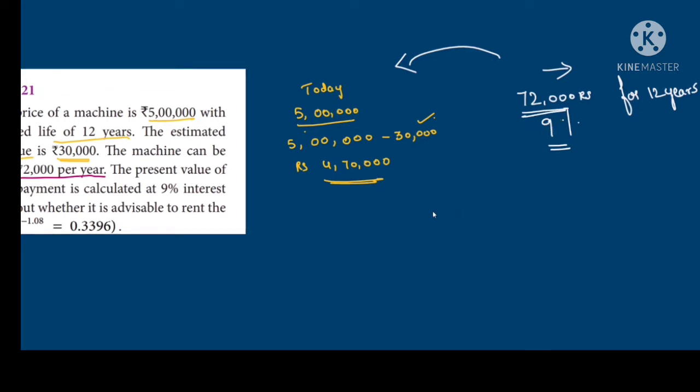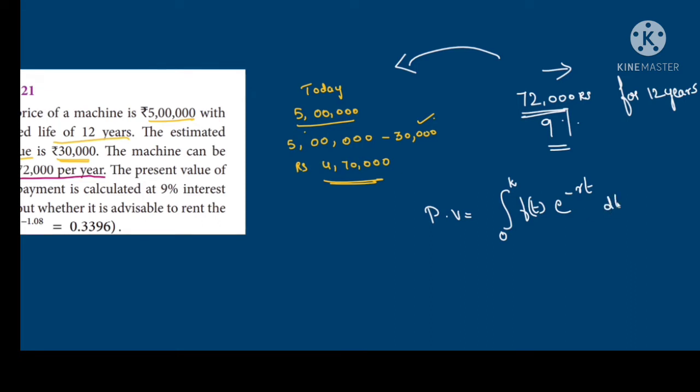So the present value formula is the integral from 0 to k of f of t into e power minus rt, because you're going back. This is the reverse. You're dividing actually. So this is into dt.